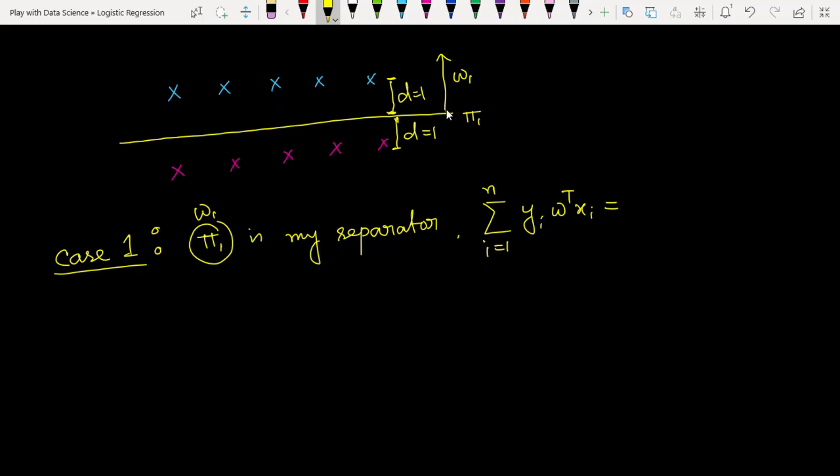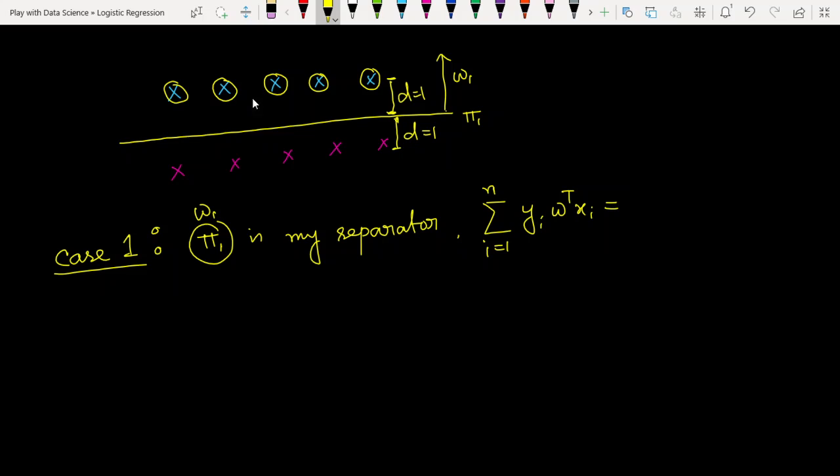Now as we have seen, for pi 1, if the direction of this one is equal to this one, then the plane correctly classifies this point.